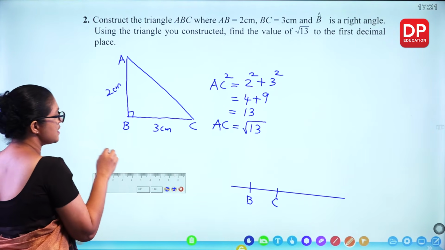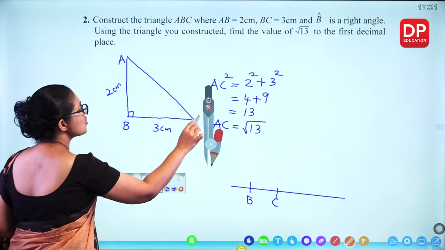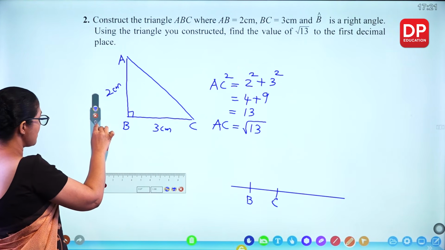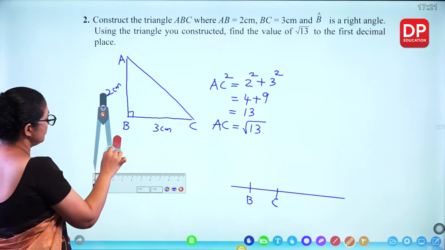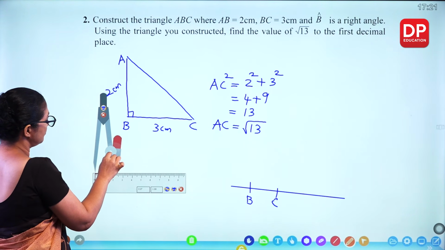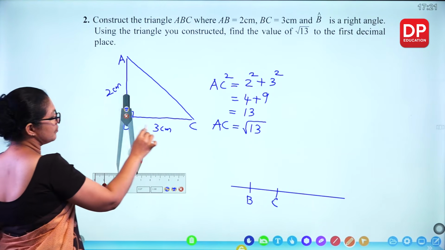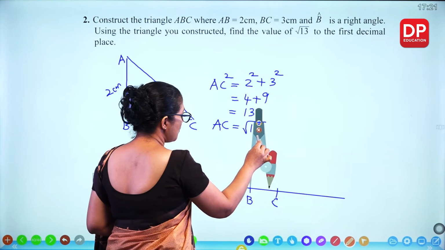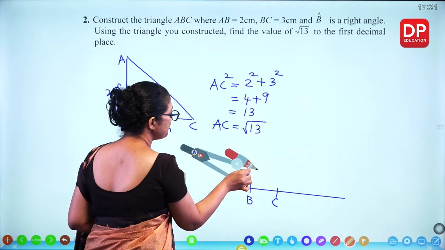Then 2 centimeters we need. Take the compass again and measure 2 centimeters. And we need to draw an arc somewhere up.